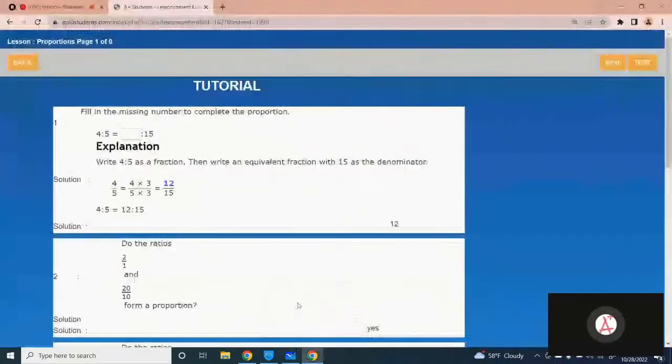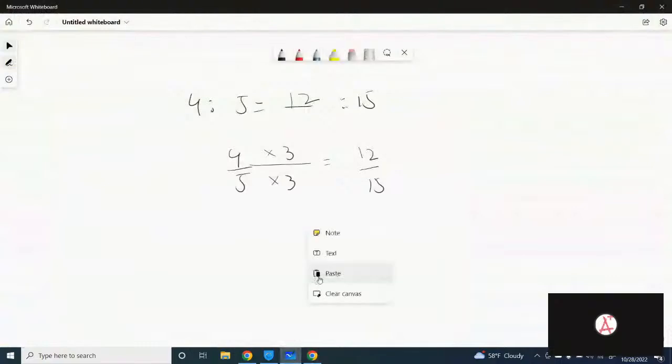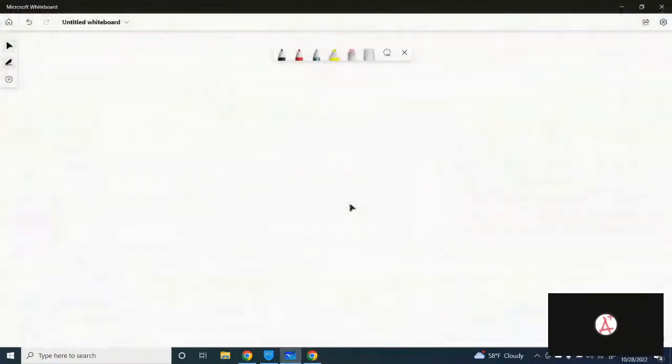Okay, the next one is: do the ratios 2 by 1 and 20 by 10 form a proportion? We need to see if they form a proportion. So how can we find out if they form a proportion?